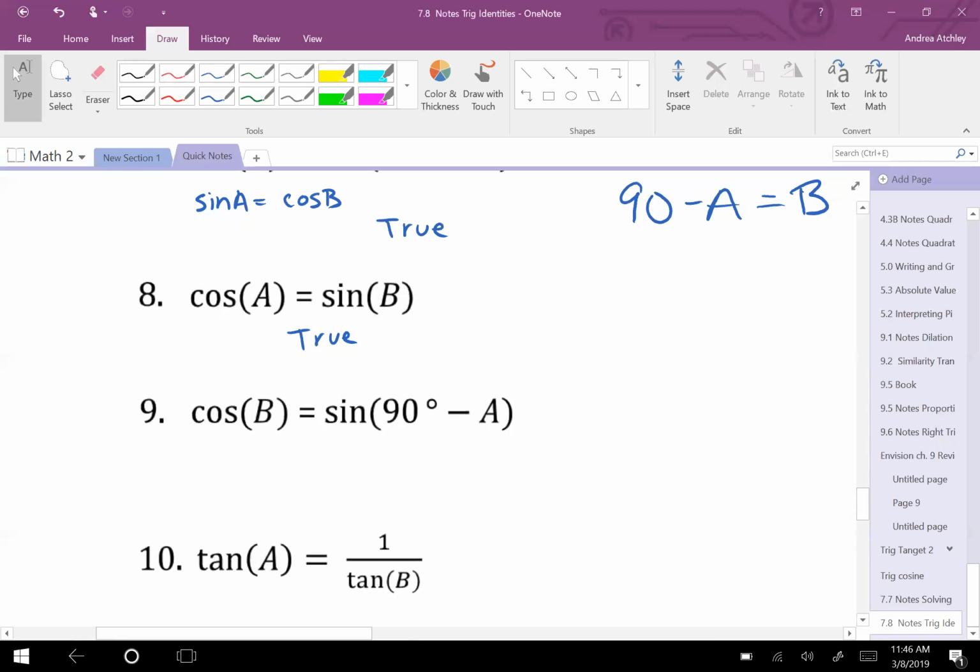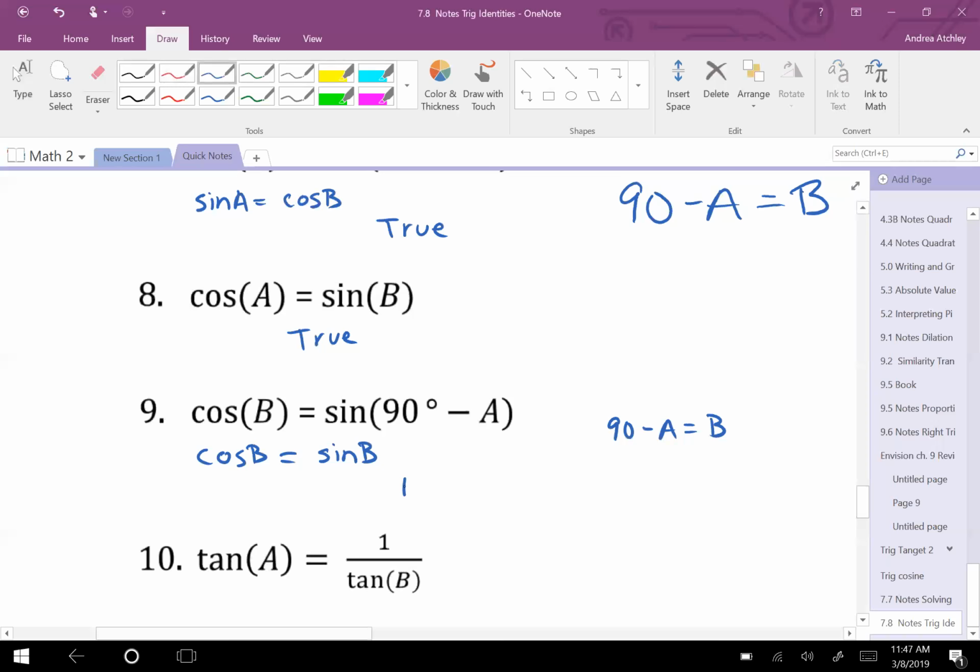Okay, cosine of B, is that equal to the sine of 90 minus A? What was 90 minus A again? Equals B. So this is the cosine of B. Does that equal the sine of B? What should it equal? The sine of A. Any questions over this?